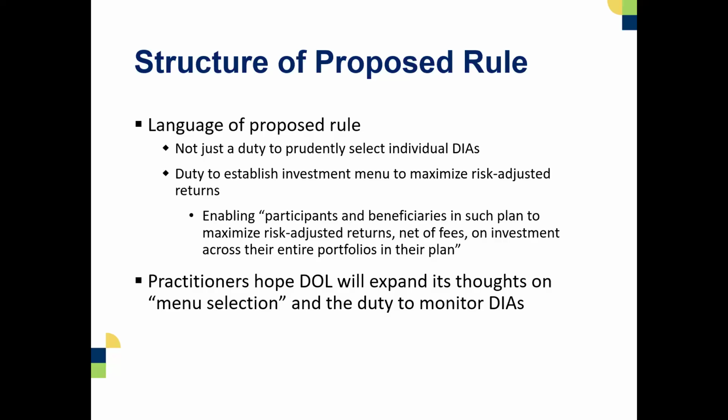Commentators have said that you really should talk a little bit more about the duty to monitor designated alternatives, because I may select this specific mutual fund in my investment lineup, and if I don't look at it for another 20 years, well, I don't think that's prudent. I should be monitoring those designated investment alternatives. I can't just put it in my plan and kind of ignore it. And the practitioners have hoped that the Department of Labor will expand on this concept of monitoring designated investment alternatives.